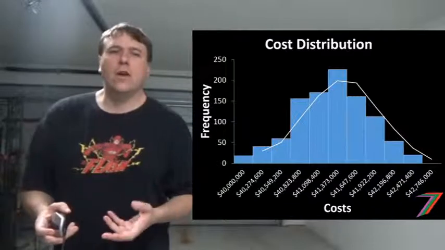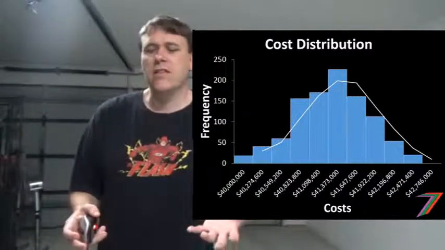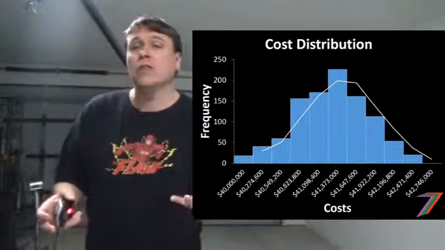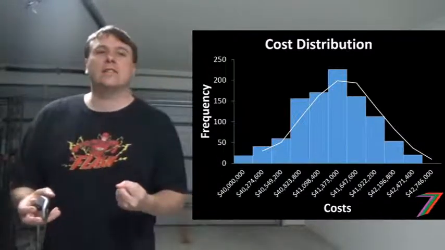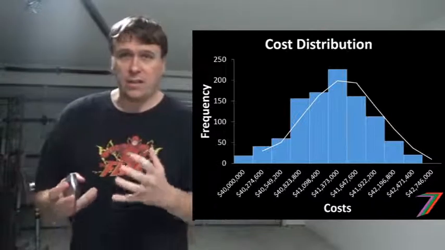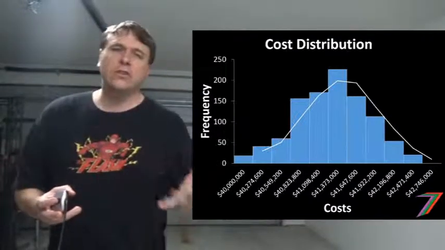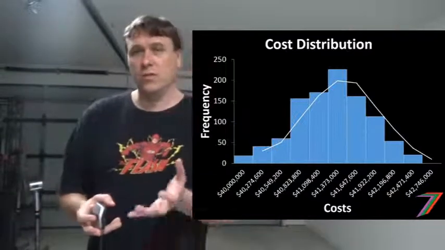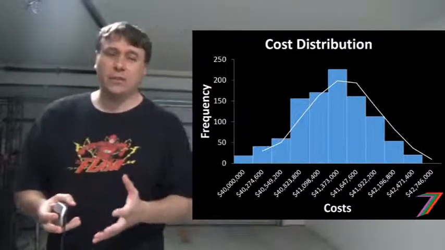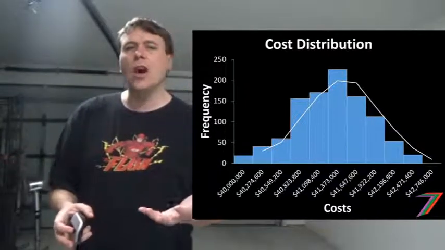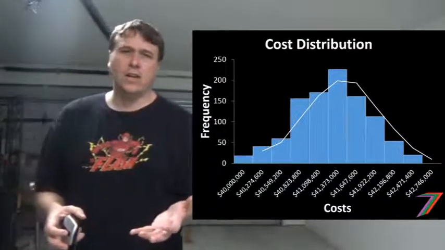A P50 may be more like a P70, and a P90 is almost getting up to a P95, a P99 or something along those lines. It is to avoid the embarrassment of asking for more money based on a P90. But ideally, we don't want the two extremes. We don't want these values to be too low or too high, we want them to be as accurate as possible. And it is difficult because there's a lot of unknowns, even with your cost side of things.